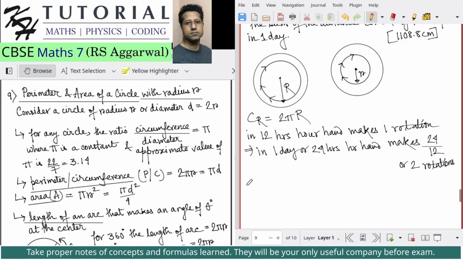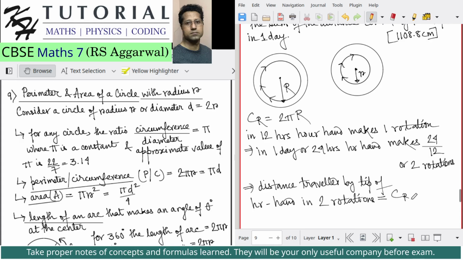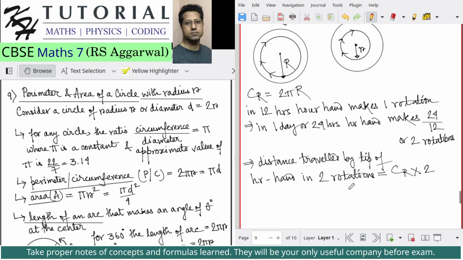So this implies the distance traveled by the tip of the hour hand in 2 rotations will be equal to the circumference multiplied by 2, which is equal to 2 pi capital R multiplied by 2.